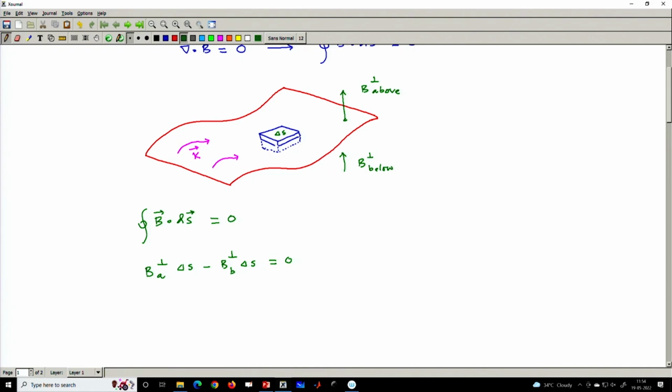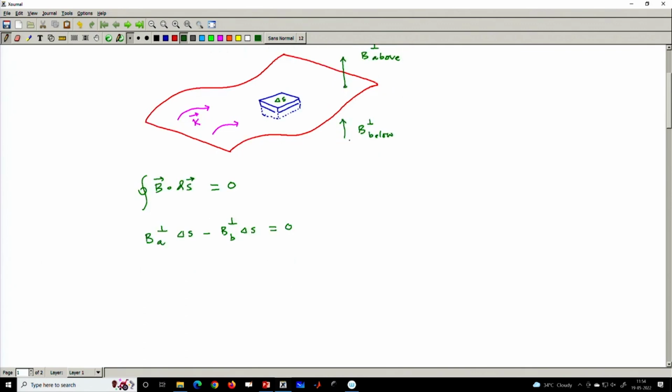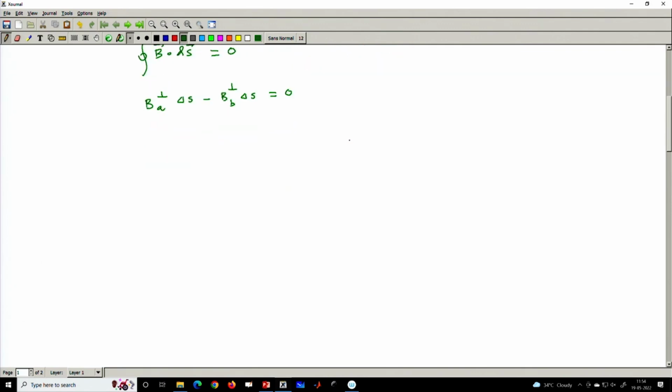However, we also have the side surfaces. In the side surfaces, I can make this length tend to 0, so that this component will no longer be there. So, the only meaningful component we have is the perpendicular component, and that means B perpendicular above is equal to B perpendicular below. That means the perpendicular component of B is continuous. That is the outcome that we had here.